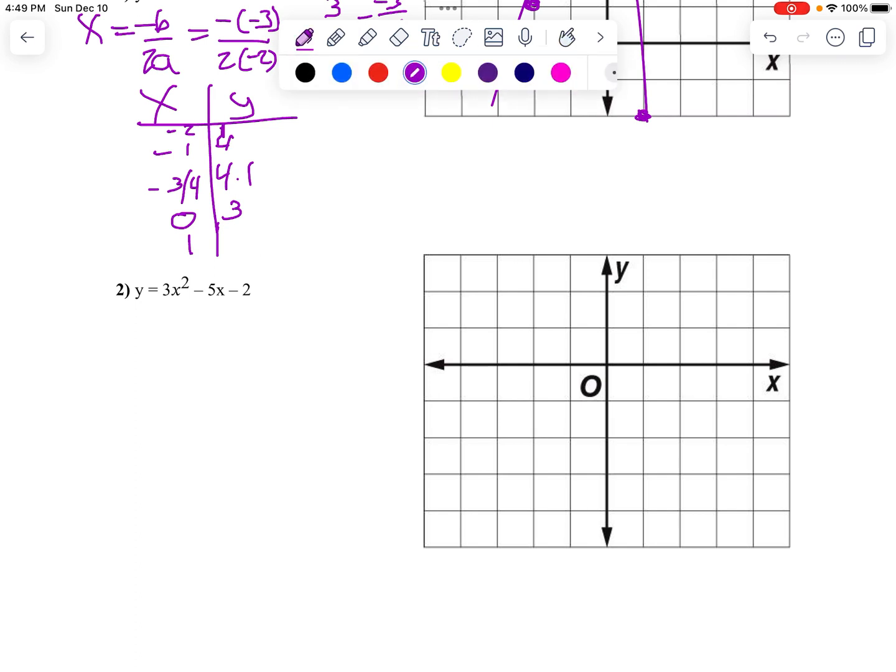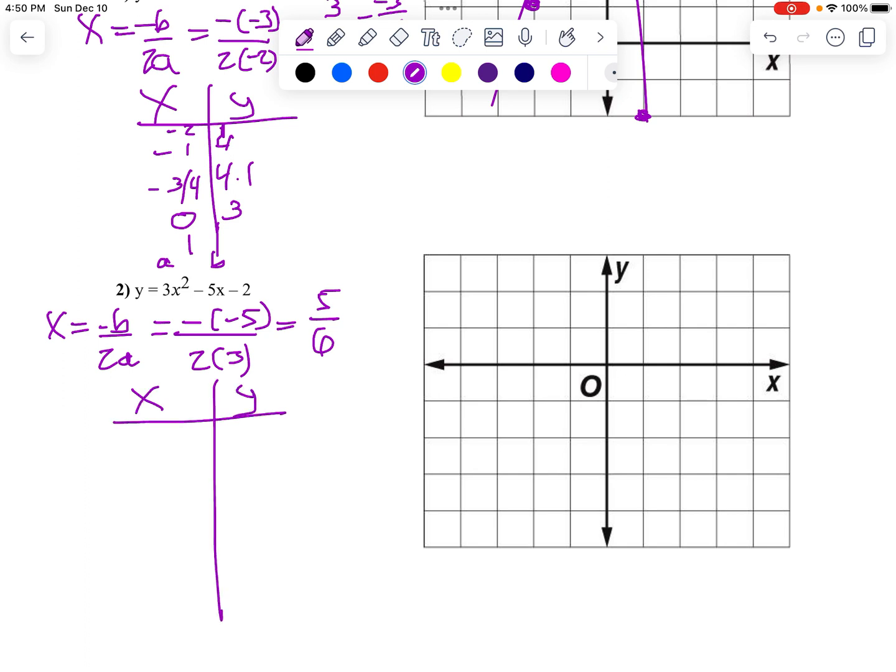Now, we're going to do the same thing on number 2. Notice in number 2, a is 3 and b is negative 5. So x equals negative b over 2a. So the opposite of negative 5 all over 2 times 3, so it'll be positive 5 over 6, giving me my vertex.